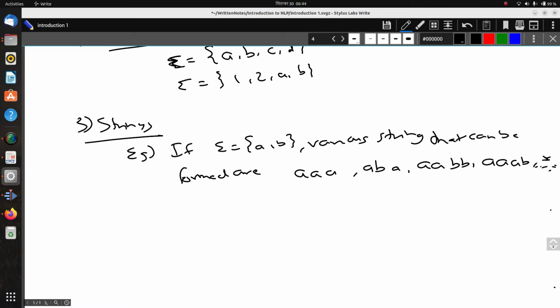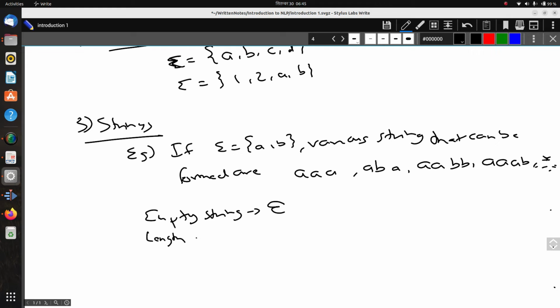A string with zero occurrences of symbols is known as an empty string. It contains nothing. It contains 0 symbols and is denoted by a special symbol. The number of symbols in a string is called the length of the string.